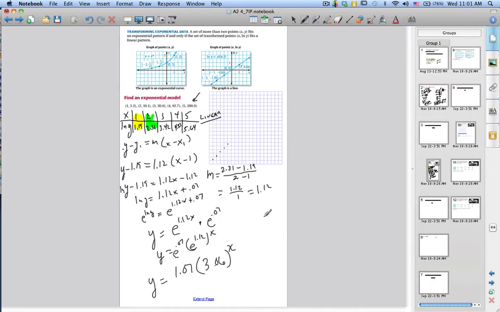So what I've done is, based on an input-output table or a graph, I can check to see if this is an exponential model. We did that by taking the natural log of the outputs and plotting them to see if they became linear. They did. Then, because this was linear, we treated this as a linear equation because that's what it is.